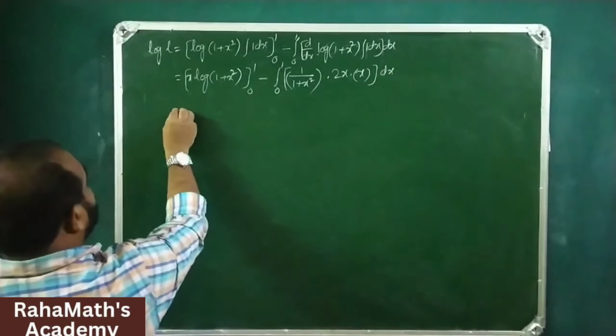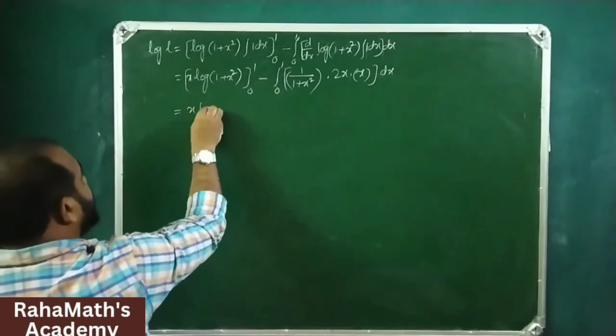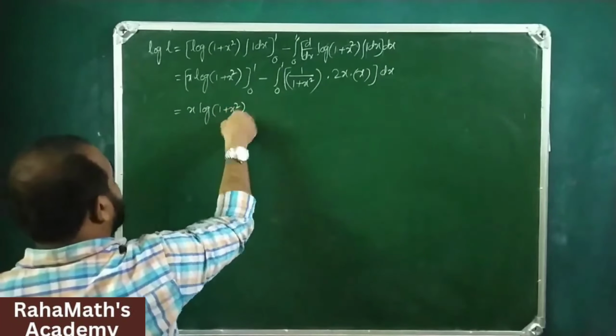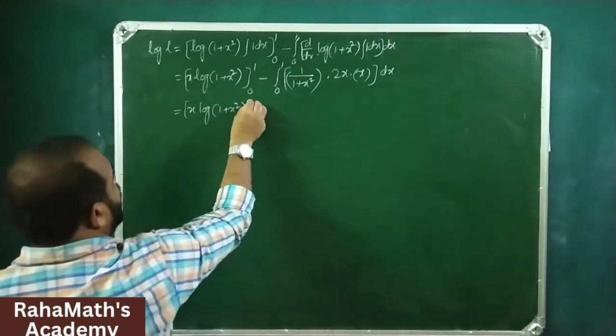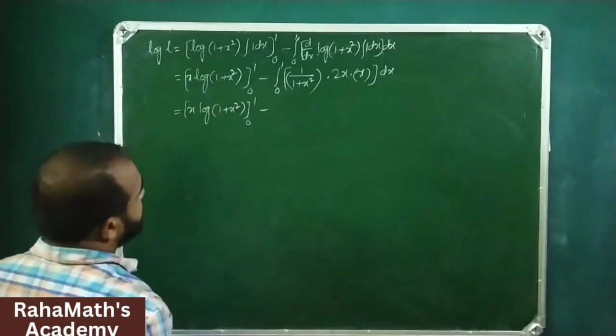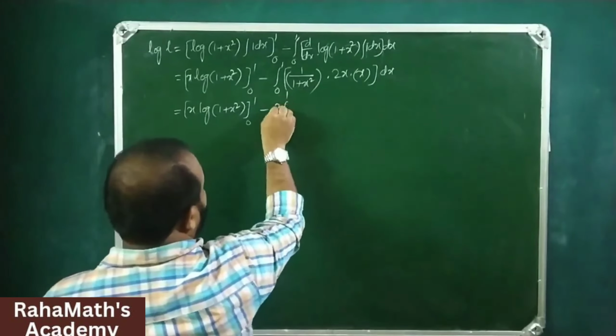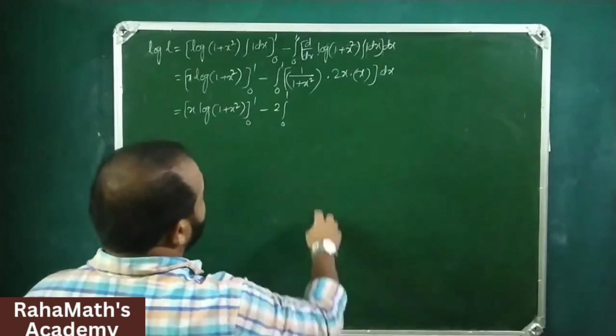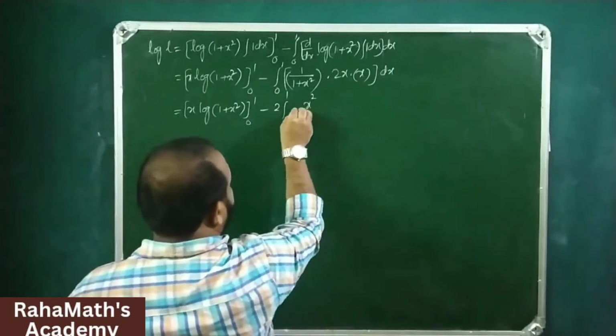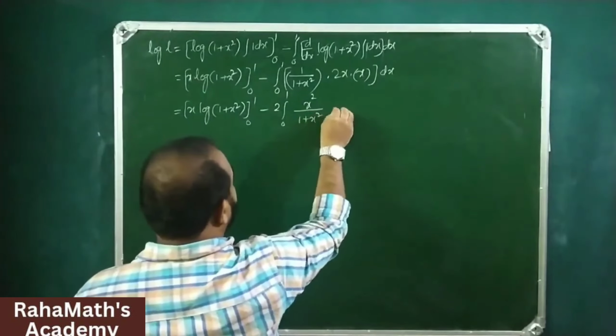This is equal to x log(1 + x²) from 0 to 1 minus integral 0 to 1, taking the 2 out, of x into x, that is x²/(1 + x²) dx.